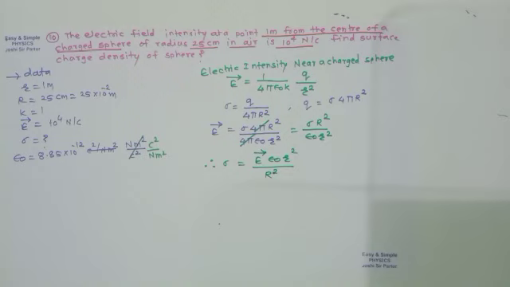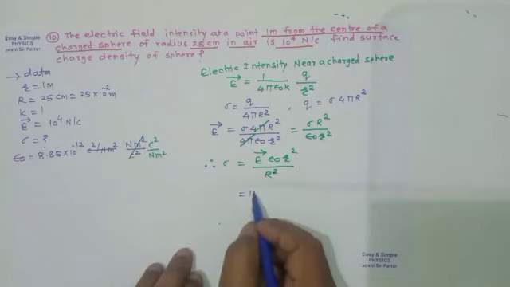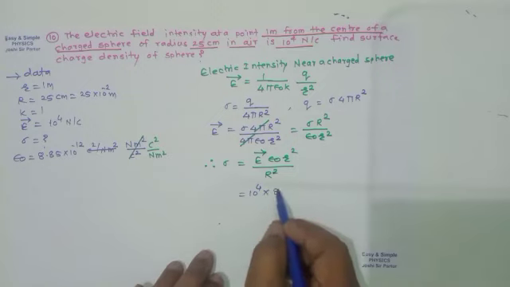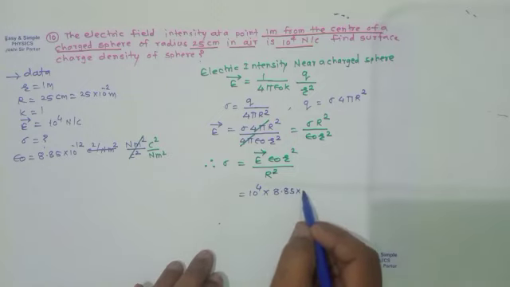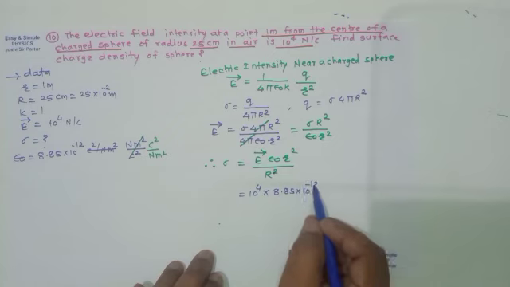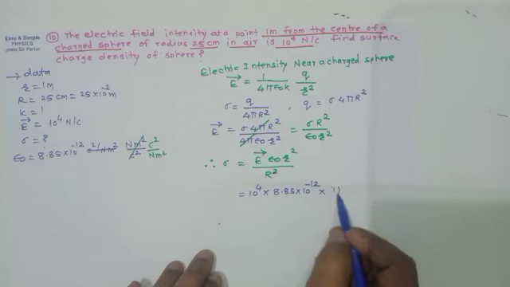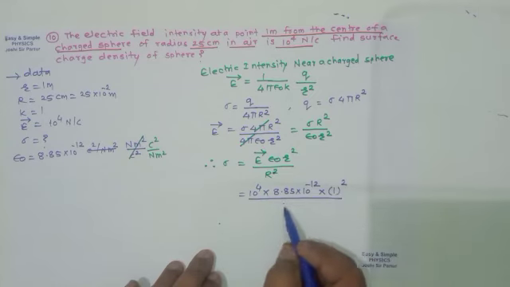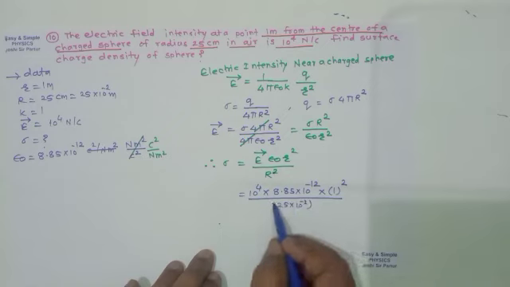If we substitute the values here, the value of vector E will be 10 raised to 4 multiplied by the value of epsilon 0, 8.85 into 10 raised to minus 12, multiplied by small r, 1 square, and divided by 25 into 10 raised to minus 2 square.